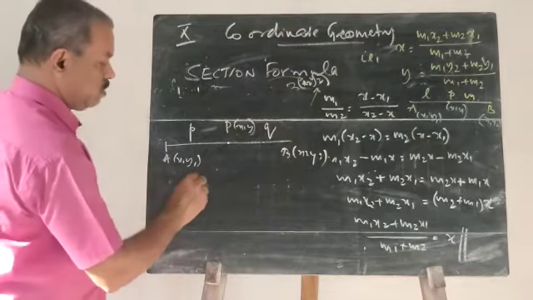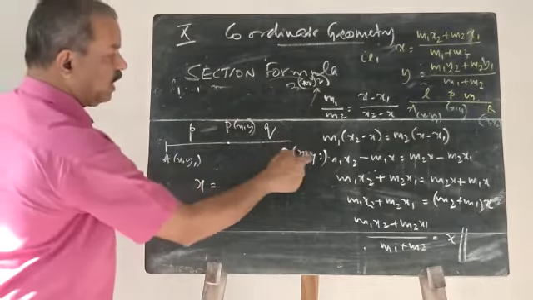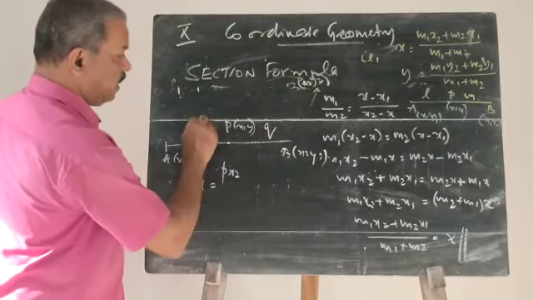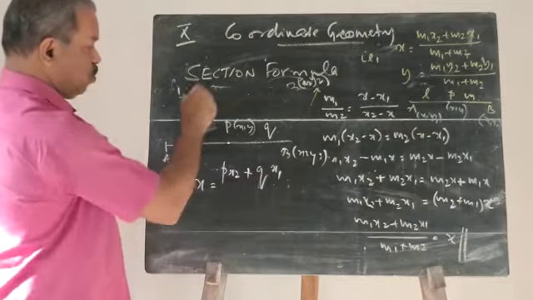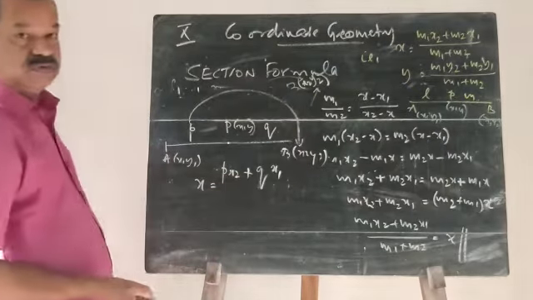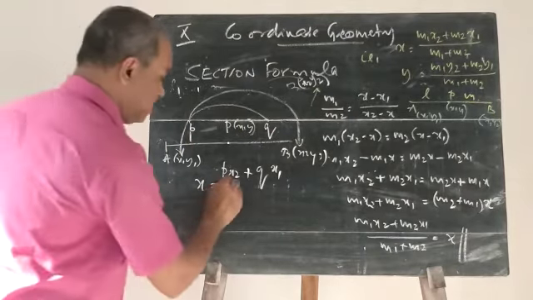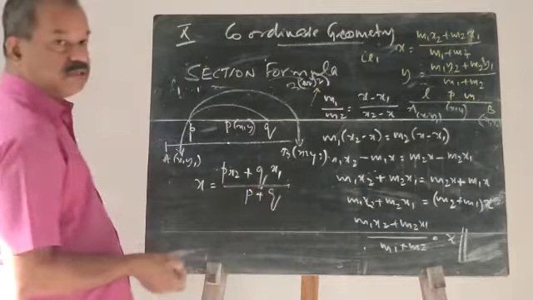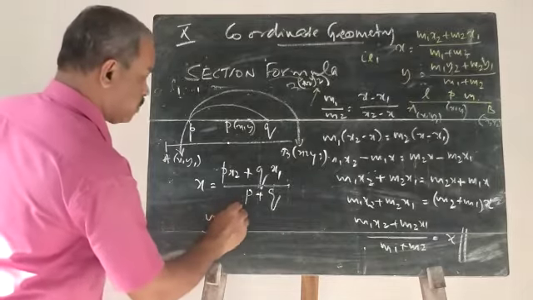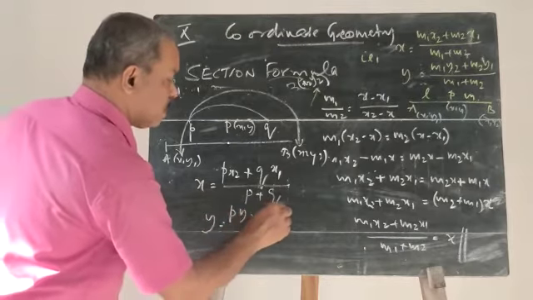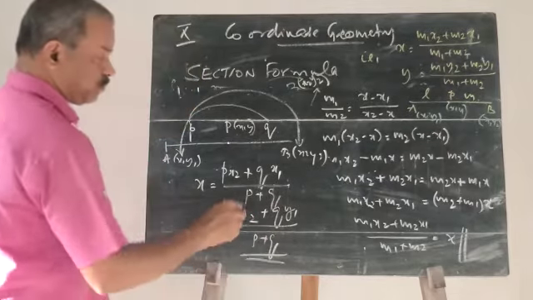Then the x coordinate is x equal to (p x2 plus q x1) by (p plus q). The y coordinate of the point of division is (p y2 plus q y1) by (p plus q).